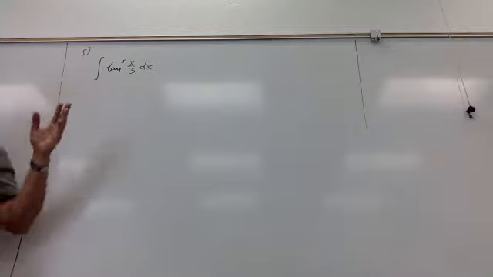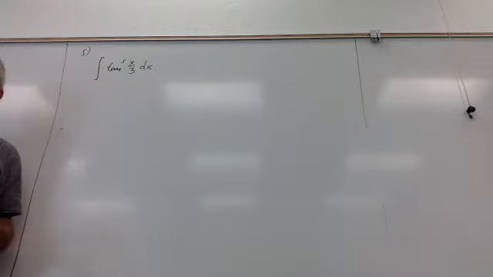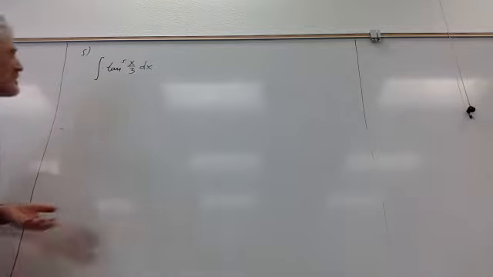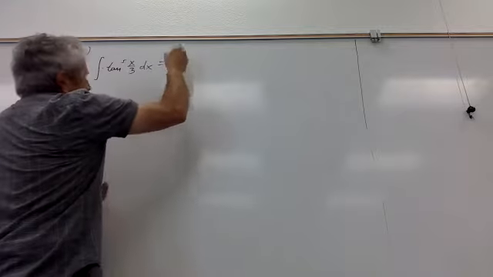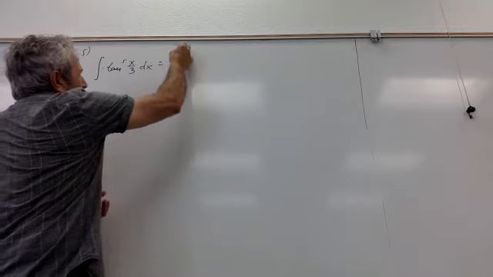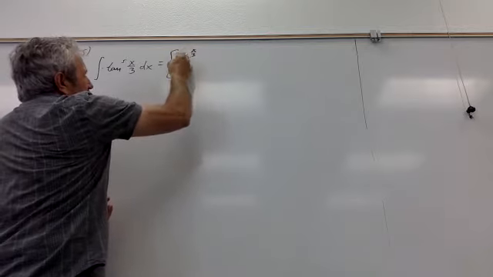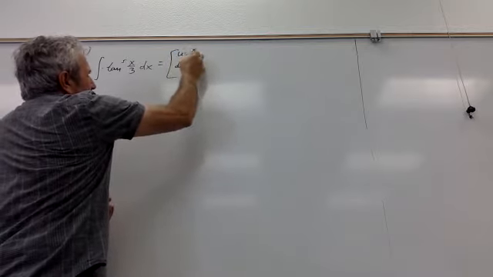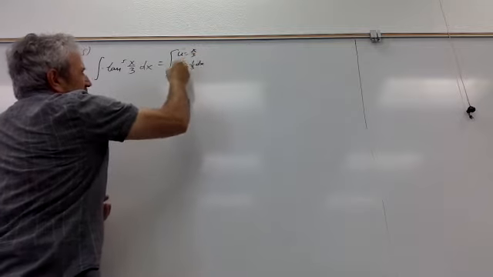Here is one thing that I never really showed on the screen or in the notes, but I'm tempted to do it. I don't like to work with this x over 3 all the time. So generally, that's an inexpensive substitution and saves me from writing. So let u equal x over 3. So du is 1/3 dx, so dx is 3 du.